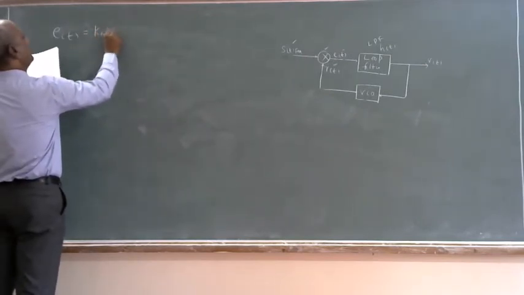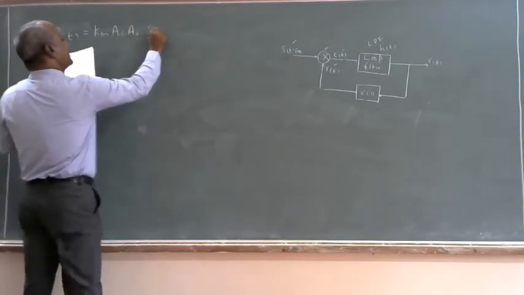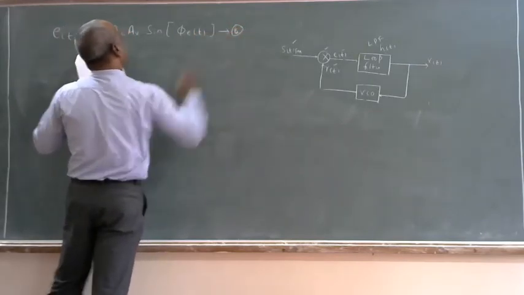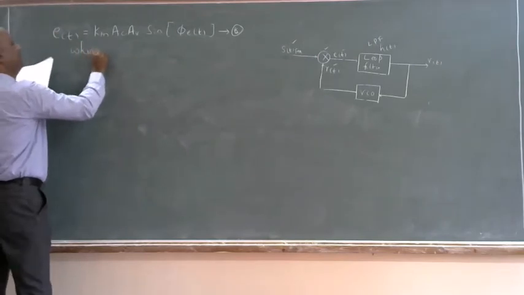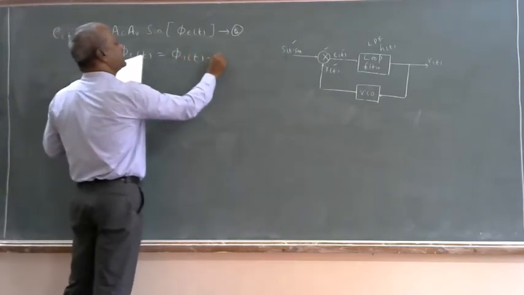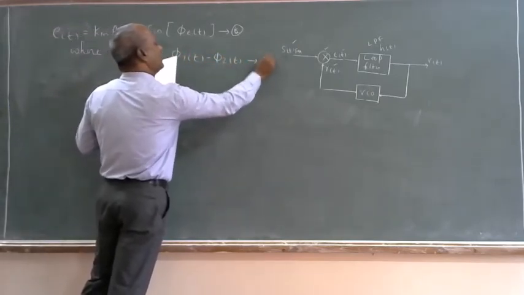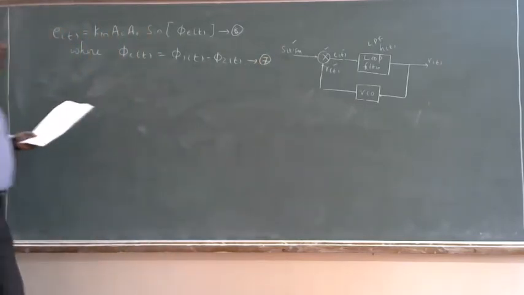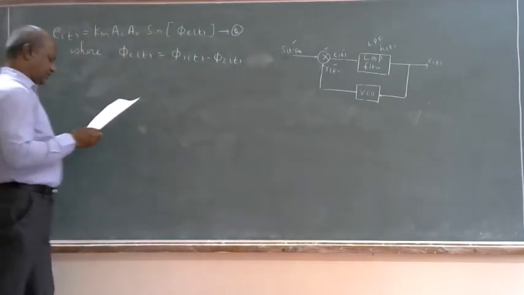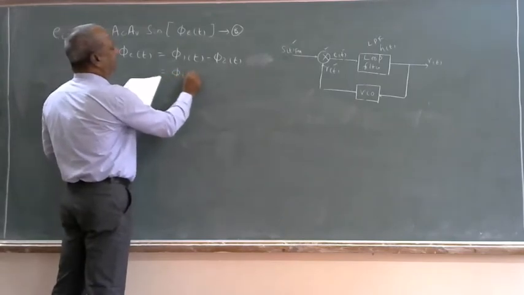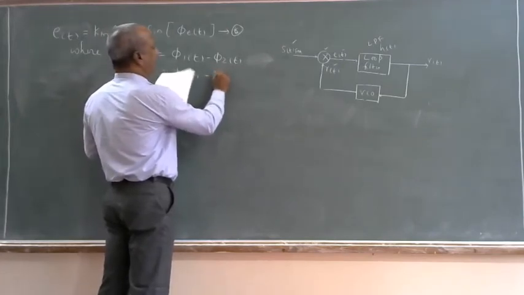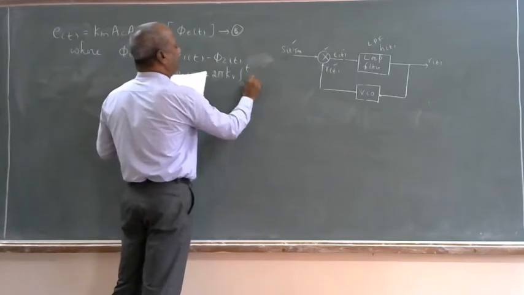So Km AC AB sine of phi of t as equation number 6, where phi of t is called the phase error phi 1 of t minus phi 2 of t, which is equal to phi 1 of t minus phi 2 of t from equation number 4, 2 pi kb integral from 0 to t of v of tau d tau.